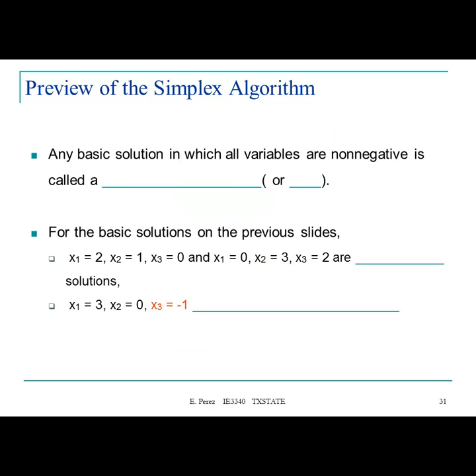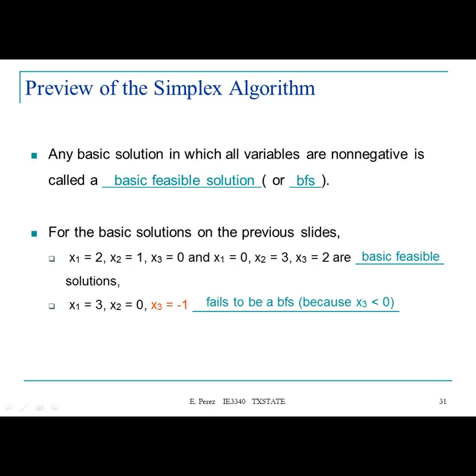Any basic solution in which all the variables are non-negative is called a basic feasible solution, or BFS. So we can find our basic feasible solution by finding a basic solution in which all the variables are non-negative. For the previous examples, x1 equals 2, x2 equals 1, and x3 equals 0, and these other ones are basic feasible solutions.